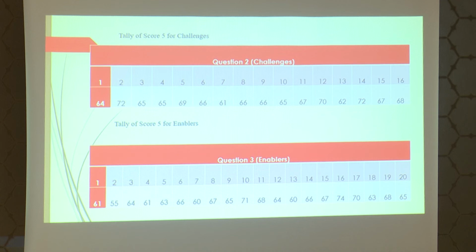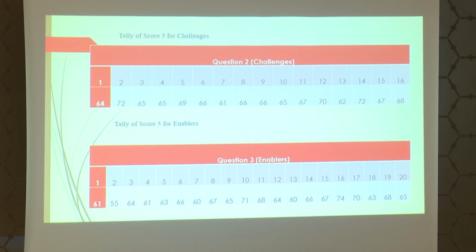These are the challenges. Look at the frequency distribution of score 5. What does this mean? We had 142 respondents out of a 300 sample. So our sample was 300. We received 142 replies or responses.